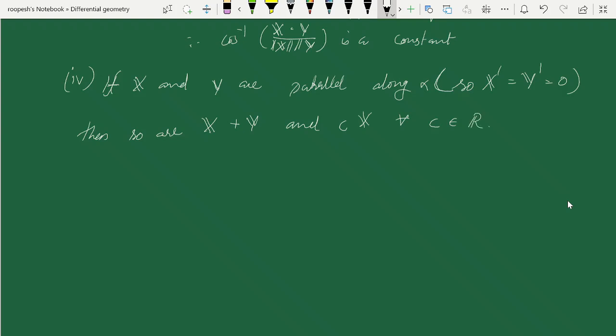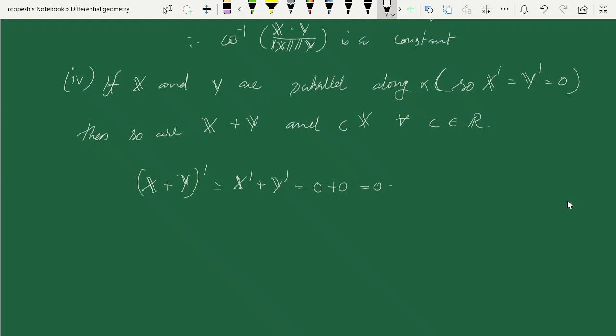Here we want to prove that these are parallel. That means we want to prove (X plus Y) dash equals 0, but this is nothing but X dash plus Y dash, which is 0 plus 0, equal to 0.